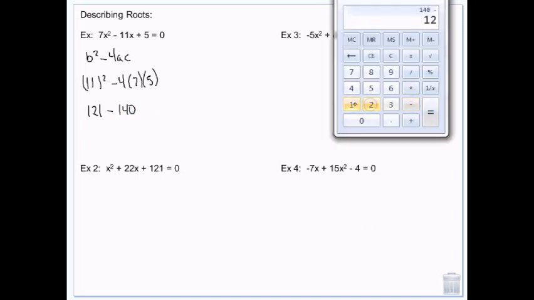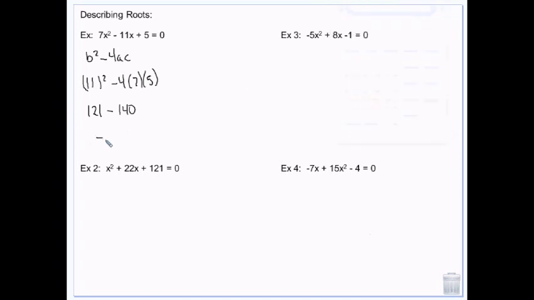So that's going to be negative. So I'm going to have 2 imaginary roots. Okay, because it was negative. So this one I would not be able to graph. I also couldn't factor it, because if it's imaginary, it won't factor. So for this particular problem, I would have to either use the quadratic formula or completing the square.